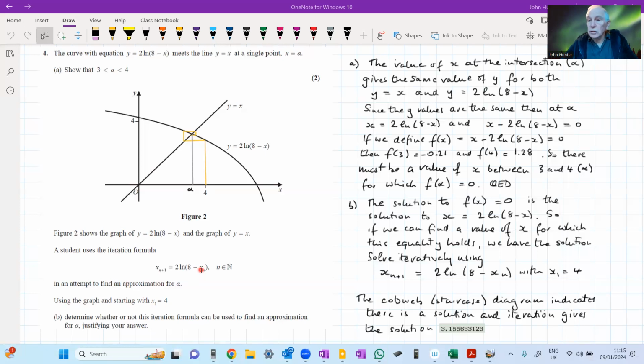So what can we do? I mean, we could just keep guessing, couldn't we? We know it's going to be between 3 and 4, so we could try 3.5. This might be slightly different to this, so we try another value and just keep going.